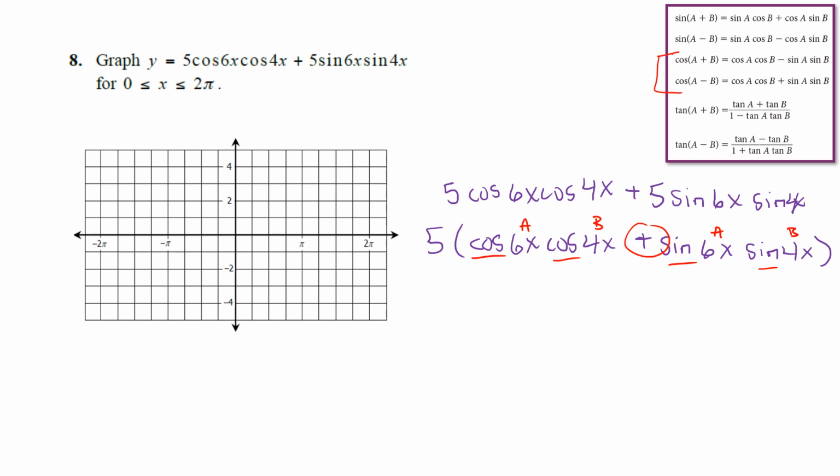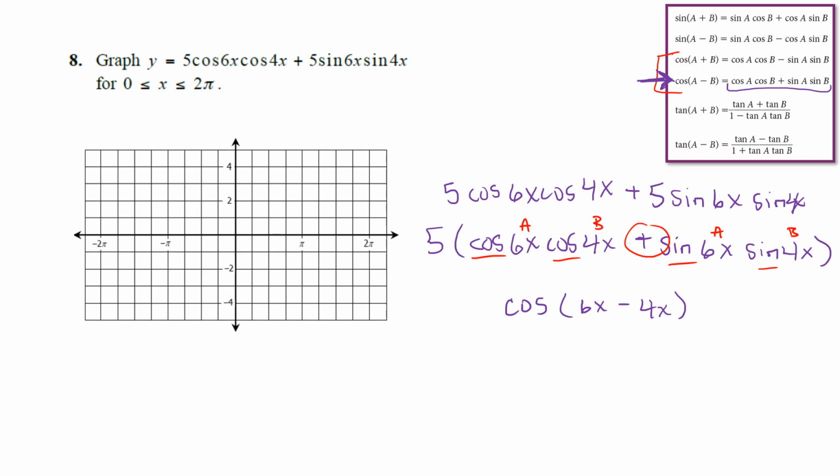Since I am adding, I know that my difference formula is going to be the opposite sign. So that's going to be cosine of my A, which is 6x, minus my B, which is 4x. This is the formula that we are using, because the right side matches what is given in this problem.